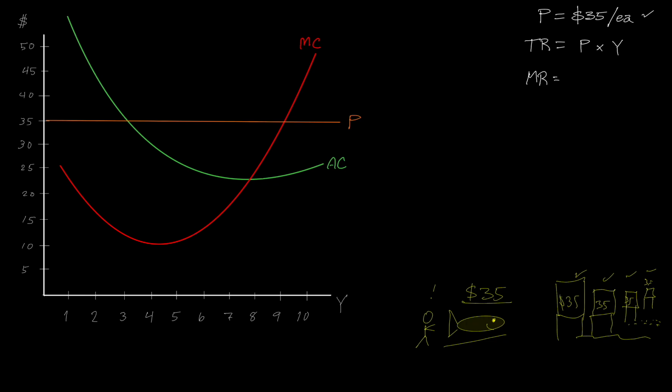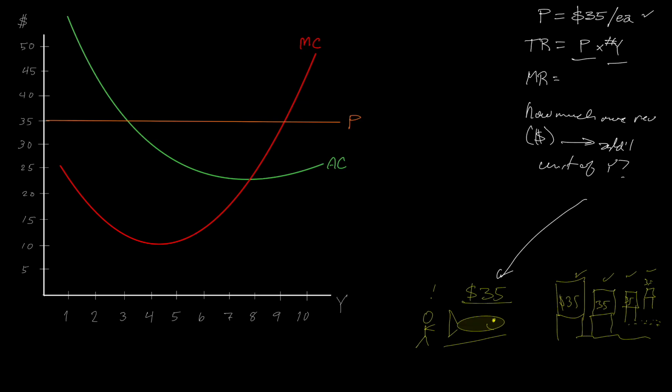If our total revenue is our price times our output, how many we've sold, our marginal revenue is basically how much more revenue I am going to earn by selling an additional unit of output, or another fish, right?